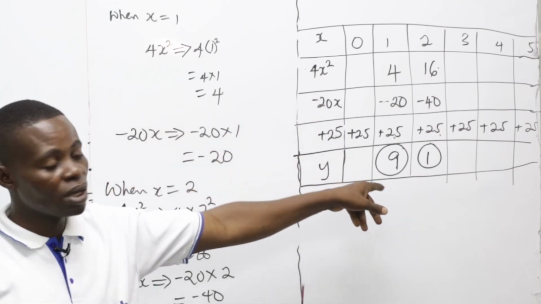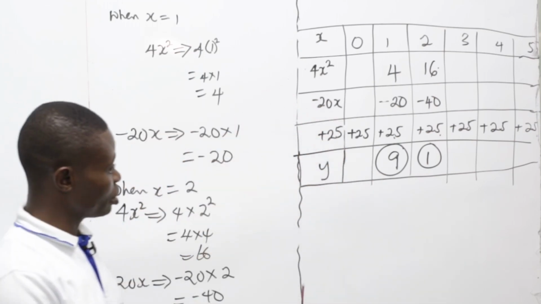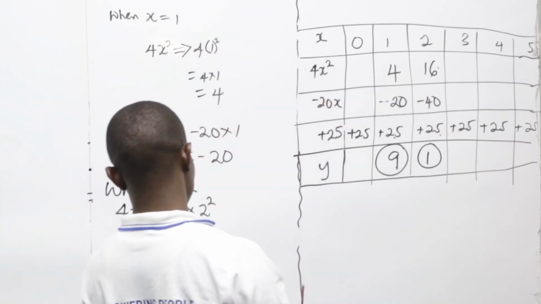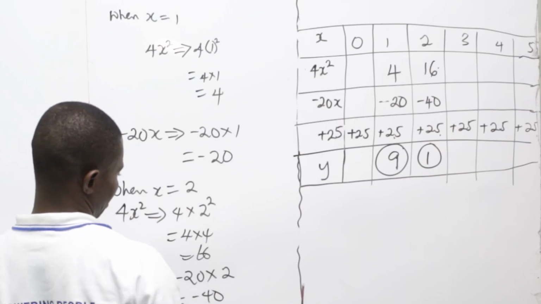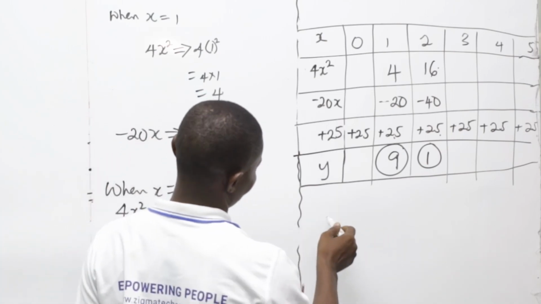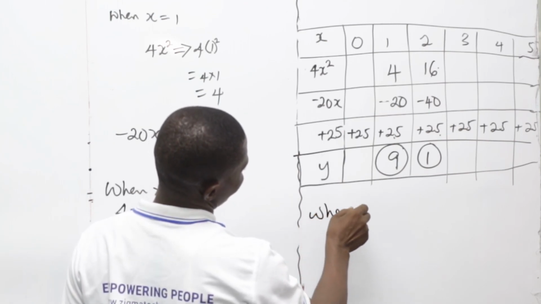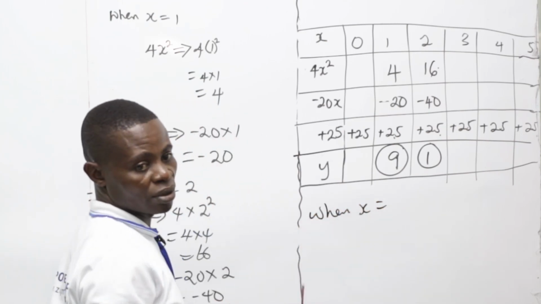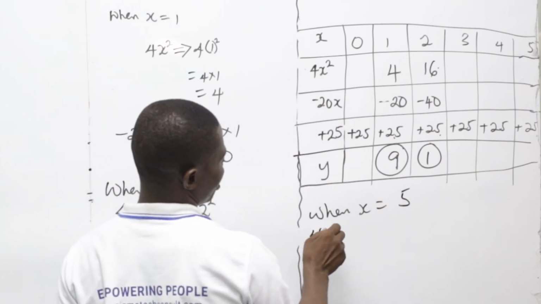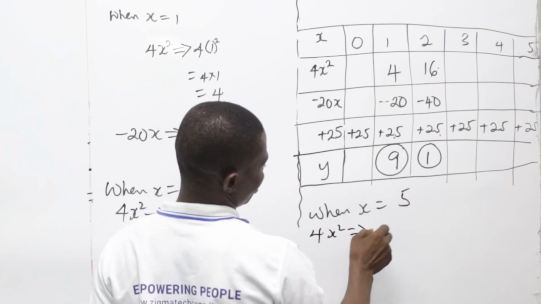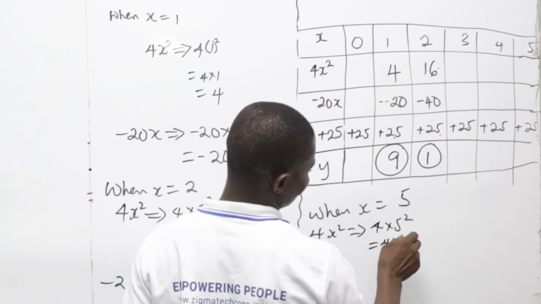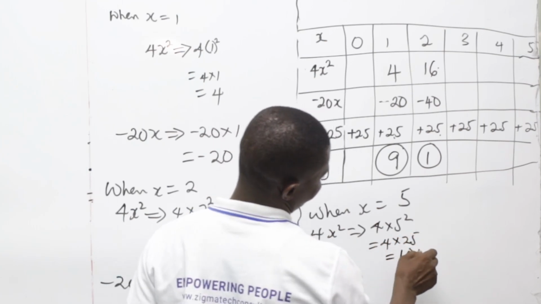Let's do one more, then we'll think about another thing. Since you have seen the way to solve this, there is a little bit somehow lengthier than the first one for me, but I don't know for you. When x equals 5, 4x squared implies 4 times 5 squared, which is 4 times 25, 100.